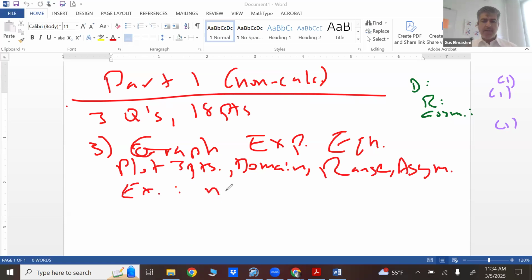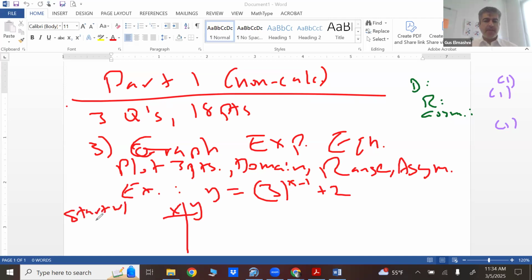Let's say I got y equals 3 raised to the x minus 1 plus 2. Okay, start with y equals 3 to the x. And you're going to plug in for x in this case. So you should get 1/3, 1, and 3.